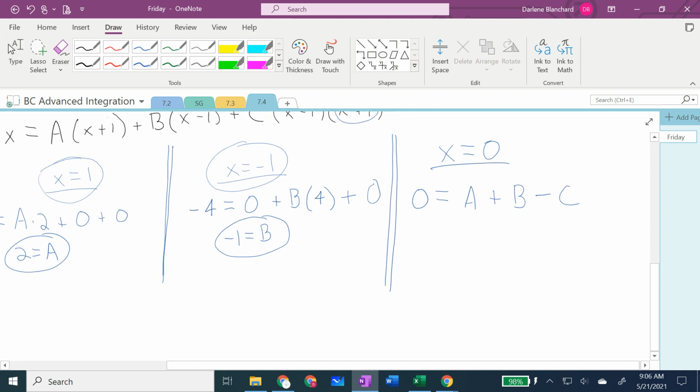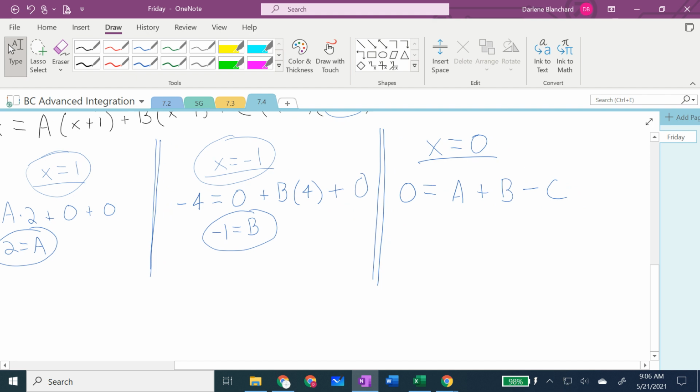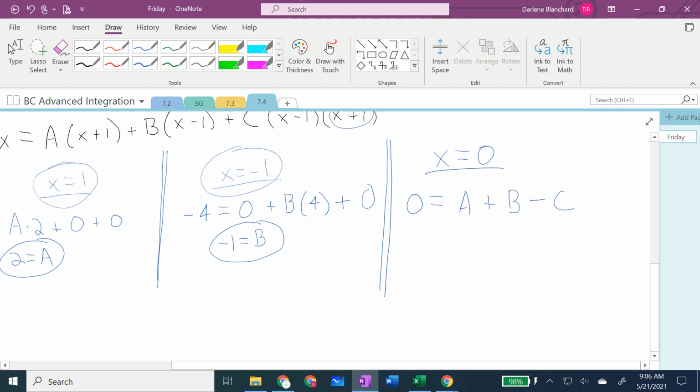I already know a and b, but I want to take a moment to show you, if you look at this equation with a, b, and c, if I had plugged in, let's say, 0 and then 2 and negative 2, I would have had 3 equations with a, b, and c, 3 equations that I would need to find the solution for, and that's not going to be fun, shall we say.